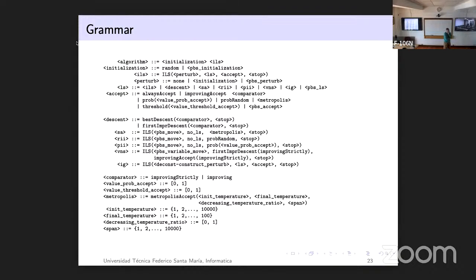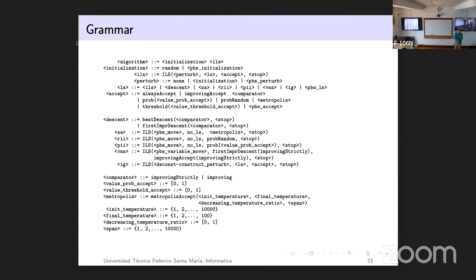I have a related question. You can have, for example, in the grammar different neighborhood structures, and you can change the order in which you visit them, because maybe you can change the search space region that can be visited.